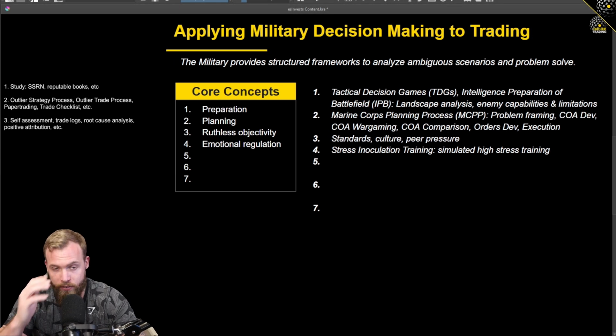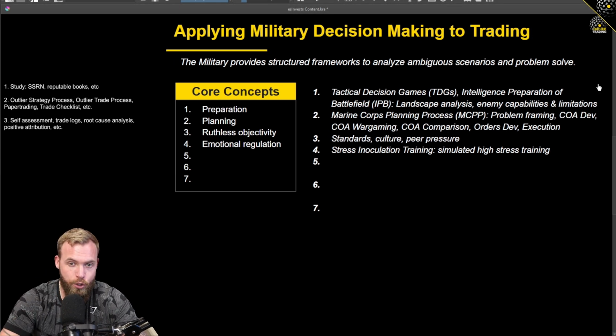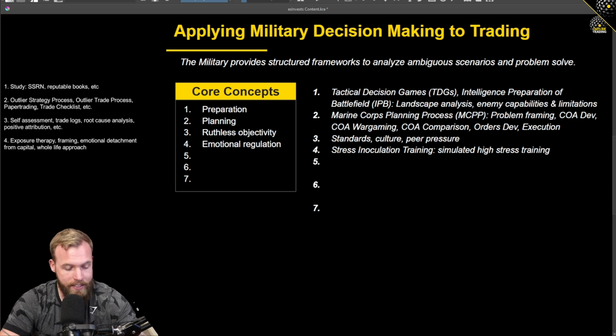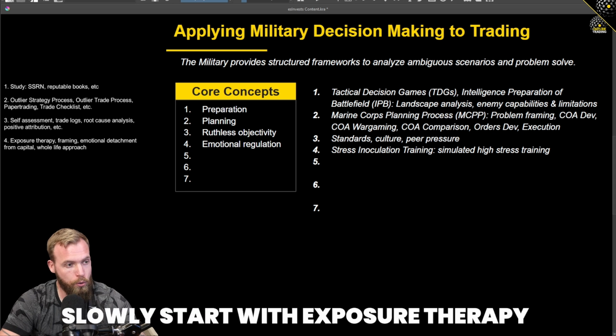So the equivalent for this in trading is actually pretty simple. I think there are a few things you can do. The first one is slowly start with exposure therapy, exposing yourself to the things that make you uncomfortable, not just in trading, but in general, because that starts to build some level of resilience.